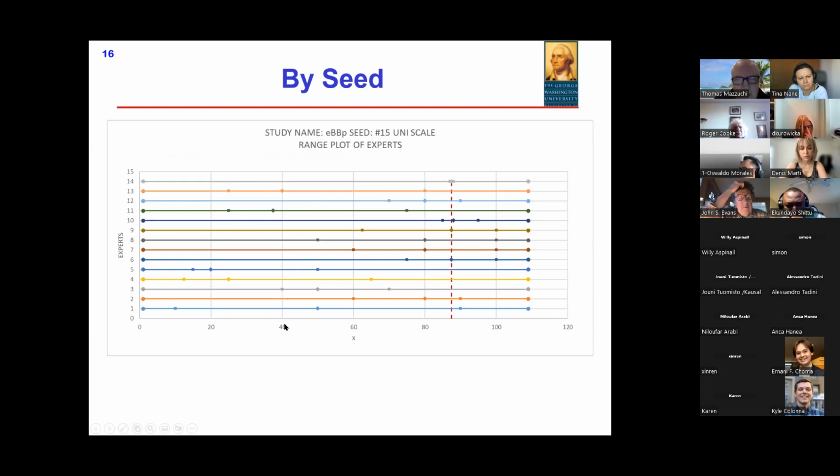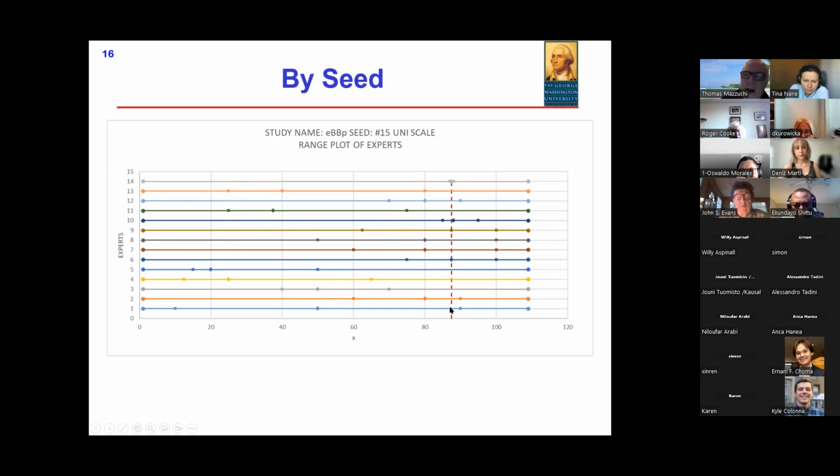Range graphs: the last range graphs I saw, Roger, he did them vertically, which seems to make more sense to me now. But these I have horizontal range graphs for all the experts for the seed, where for each plot, the circles indicate the max and min value, the boxes indicate the 5 and 95 percentile, and the diamonds indicate the 50th percentile, and the dashed red line indicates where the realization is.